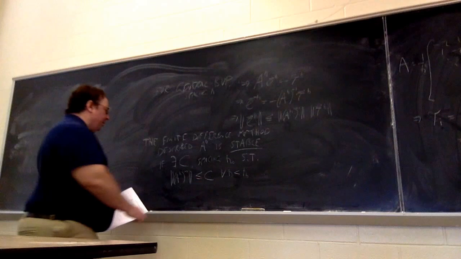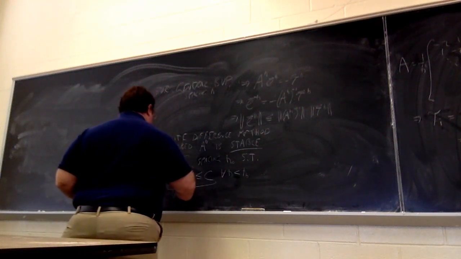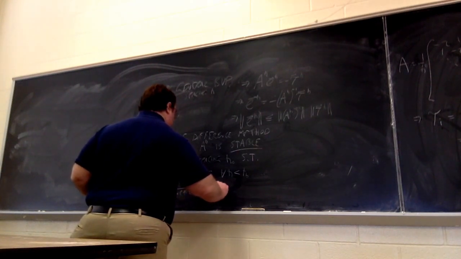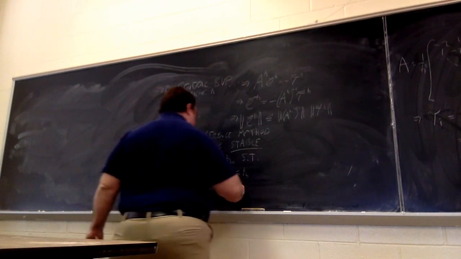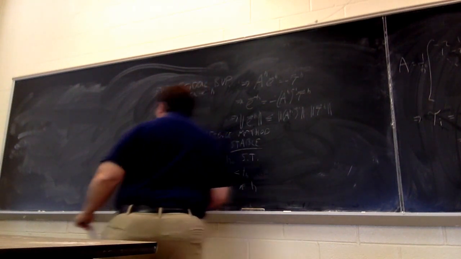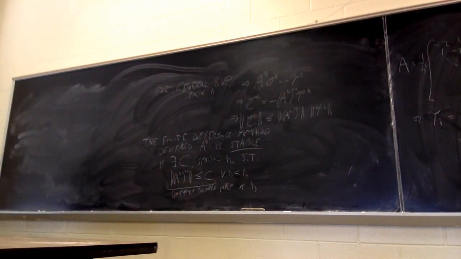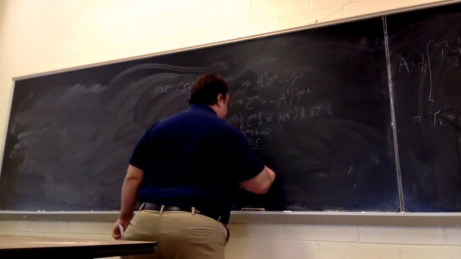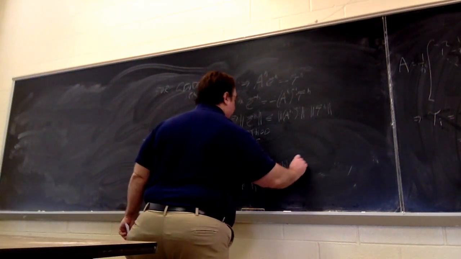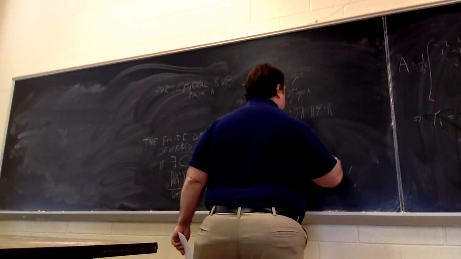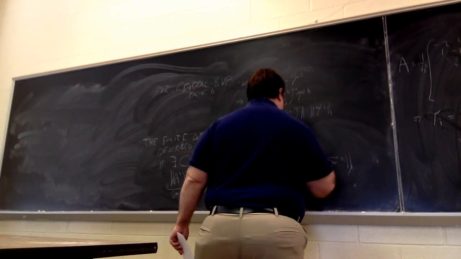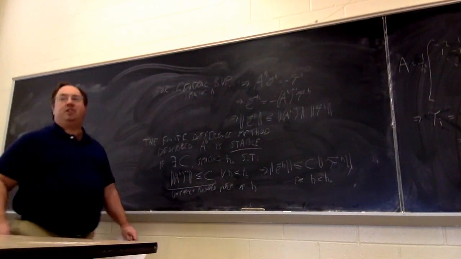So what we're saying here is uniformly bounded, independently of h, and again, at least for h sufficiently small. It doesn't have to be for all h of any kind. So what that tells us is if it's stable, that gives us a bound on the global truncation error in terms of the local truncation error.